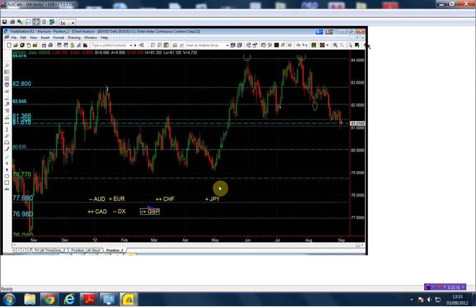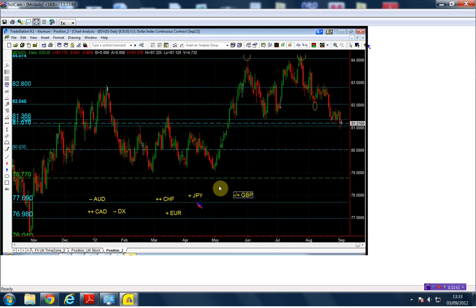If you wanted, we can take a look at the Euro CAD also, but I wouldn't be looking at shorting the Euro with that until I see the chart. And of course we can take the Swiss. We can do the Swiss yen. We can do the pound Swiss. And we can do the dollar Swiss.